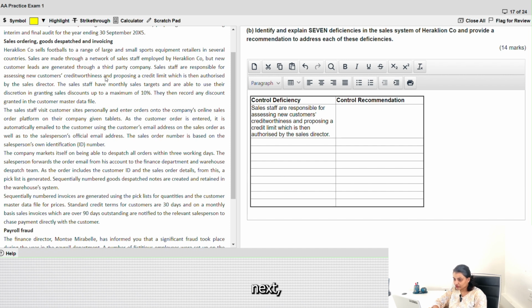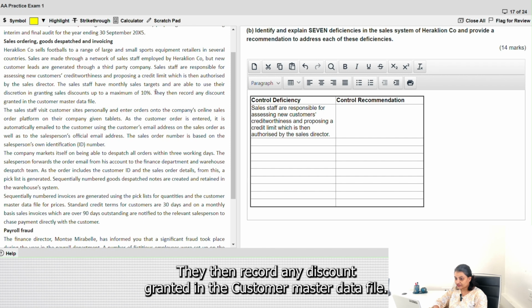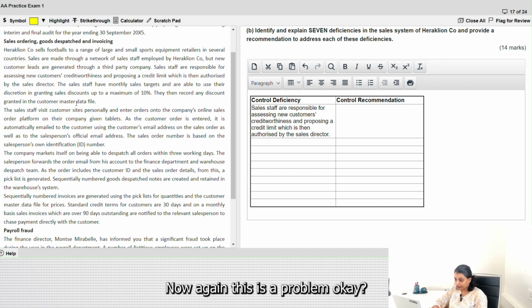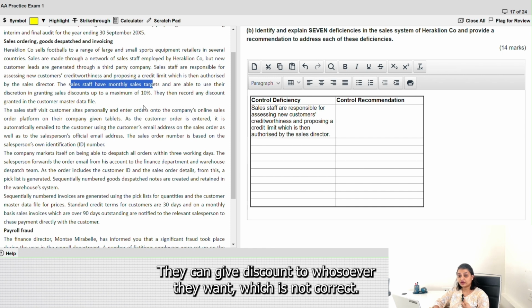Next. The sales staff have monthly sales targets and are able to use their discretion in granting sales discounts up to a maximum of 10%. They then record any discount granted in the customer master data file. Now again this is a problem. They have their sales target to be met. Because they want to make their sales target, they can give discount to whosoever they want, which is not correct.